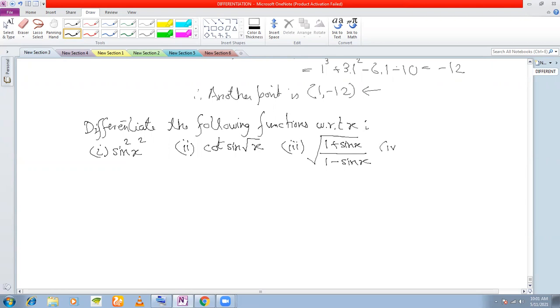And next one here, x cube tan square x by 2. And the last one is root over of sec x minus 1 divided by sec x plus 1. So let's proceed with the first one.